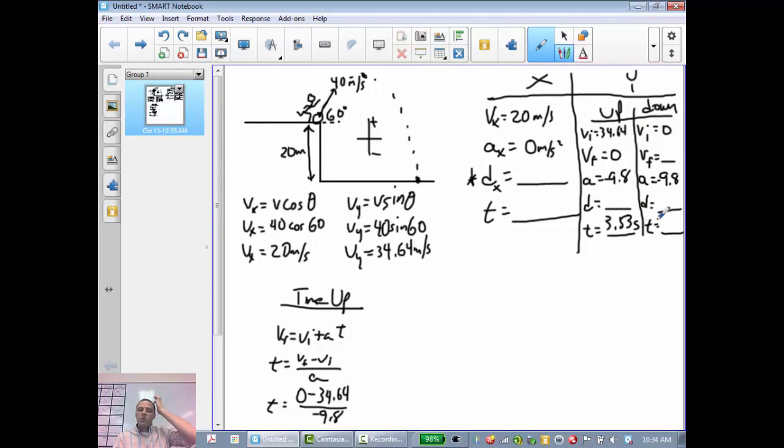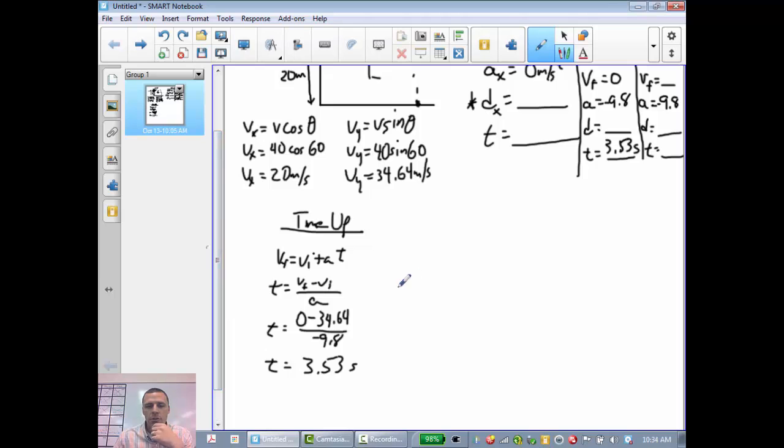Now, it would be tempting to multiply that by 2, but you shouldn't do that because up is not equal to down. There are different ways of doing this problem, but I'm going to find the distance up. That way I can find the distance down. The distance up, I'm going to use this equation, d equals ViT plus 1/2 AT squared.